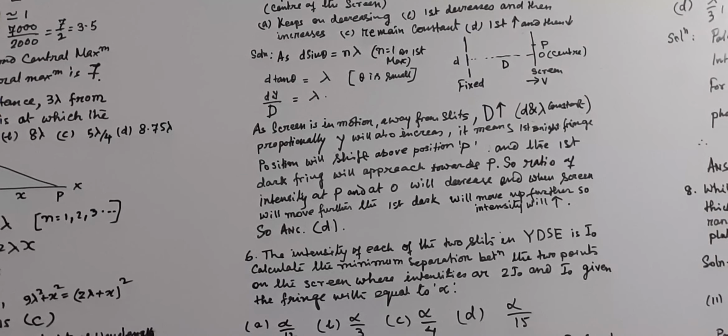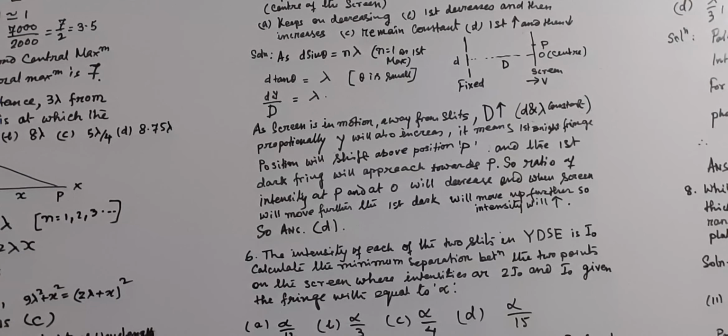So the ratio of intensities at P to at O first decreases, and when the screen moves further, the first dark fringe will move up beyond P. So again intensity will increase.